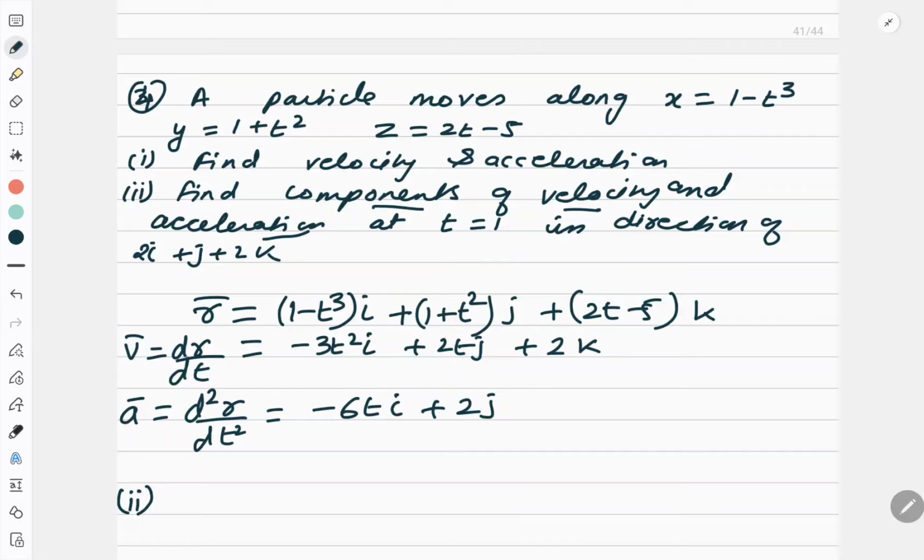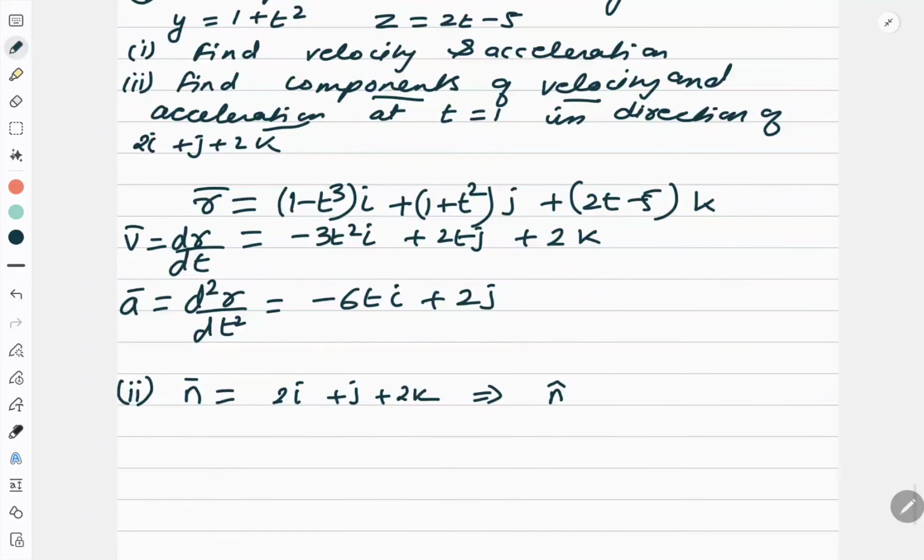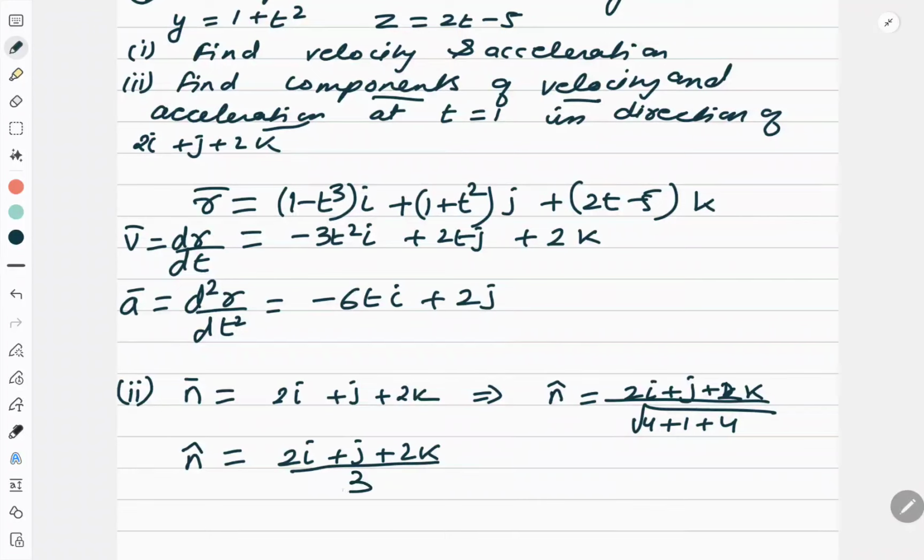What is n given here? 2i plus j plus 2k. So what is n cap? N cap is a unit vector along this vector. So 2i plus j plus 2k upon under root 4 plus 1 plus 4. So my n cap is equal to 2i plus j plus 2k upon 3.